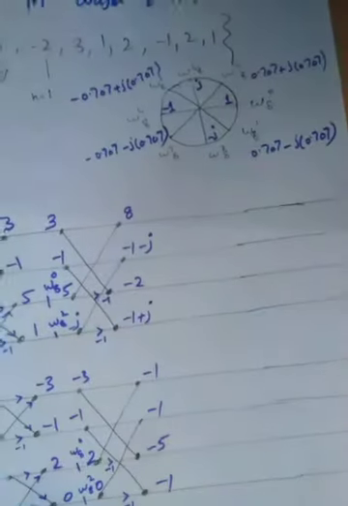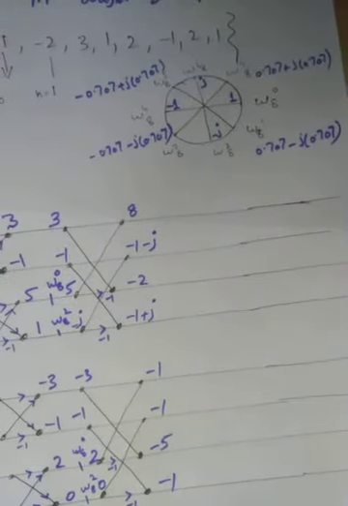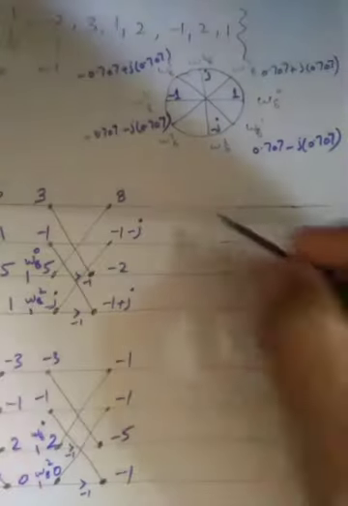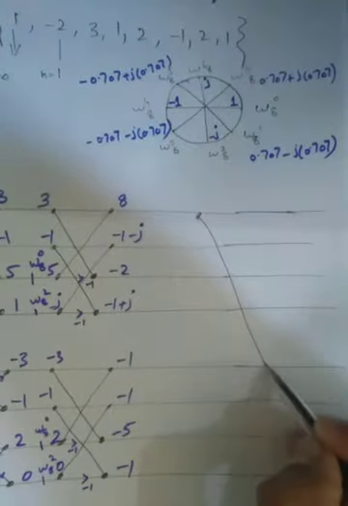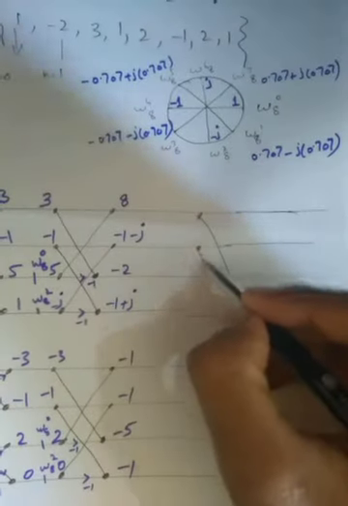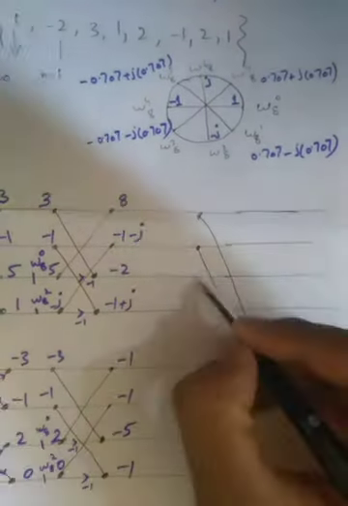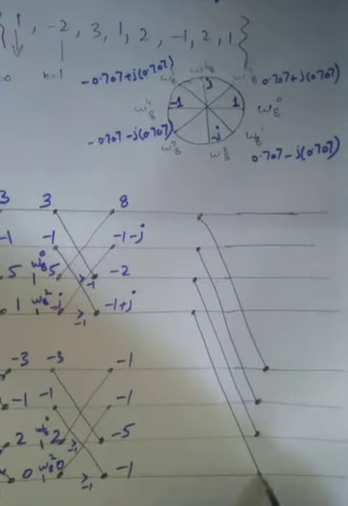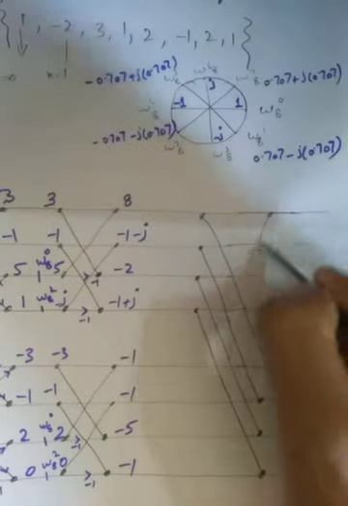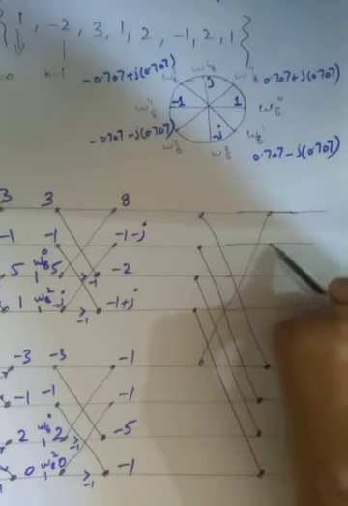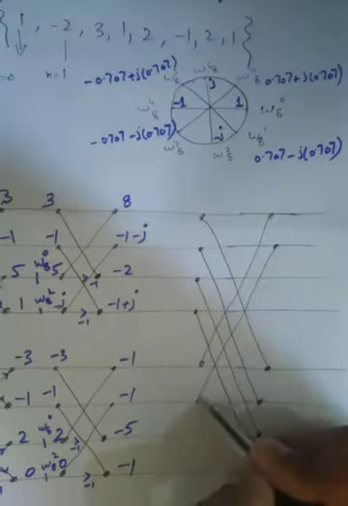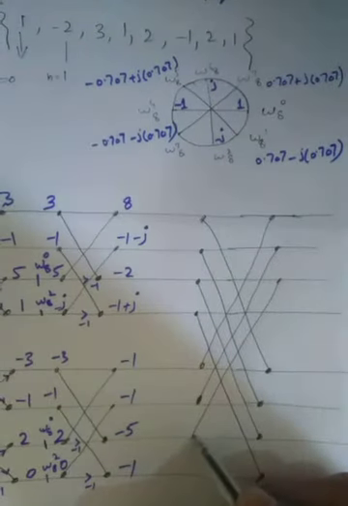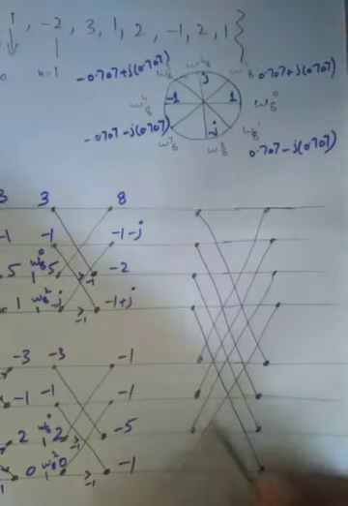In this, I will combine the first line with the fifth line, the second with the sixth, the third with the seventh, and the fourth with the eighth line. Similarly, first with fifth, second with sixth, third with seventh, and fourth with the eighth line.